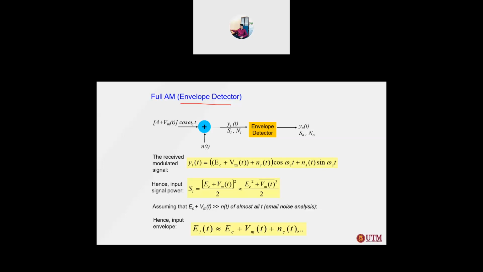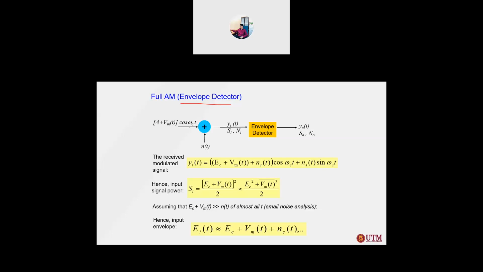Now we cover it in this lecture slide, with the assumption that noise is considered. So you can see how Test 1 doesn't cover much. Please study well, because many of the things in AM are not asked.